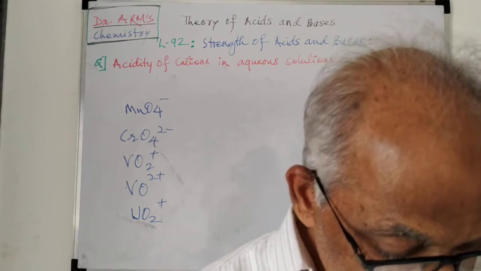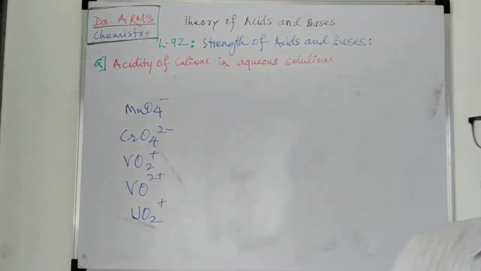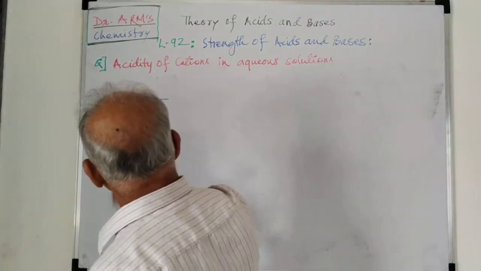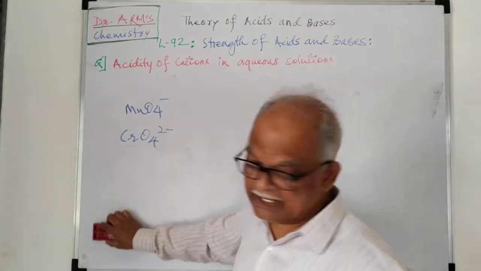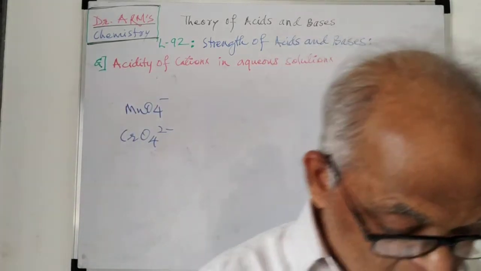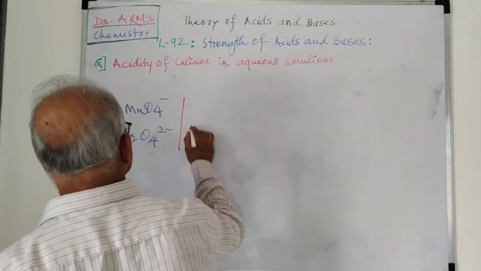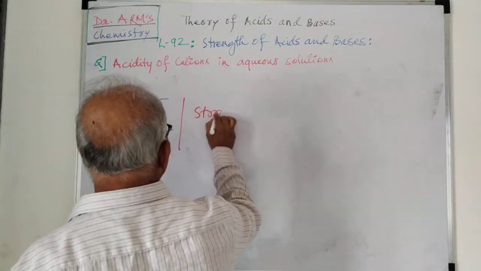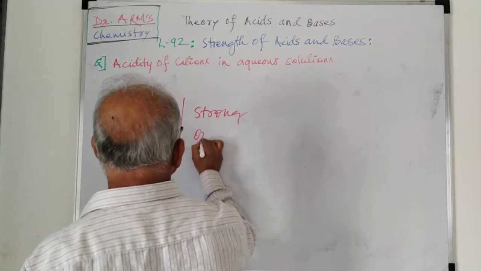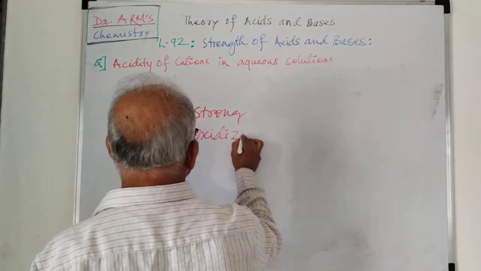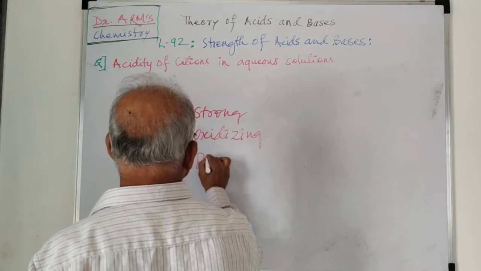And out of these, if we take the two examples, MnO4 minus and Cr2O7 2 minus, they have strong oxidizing power.